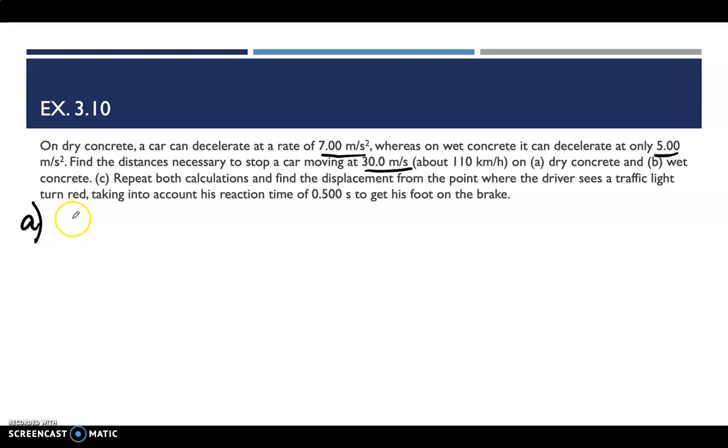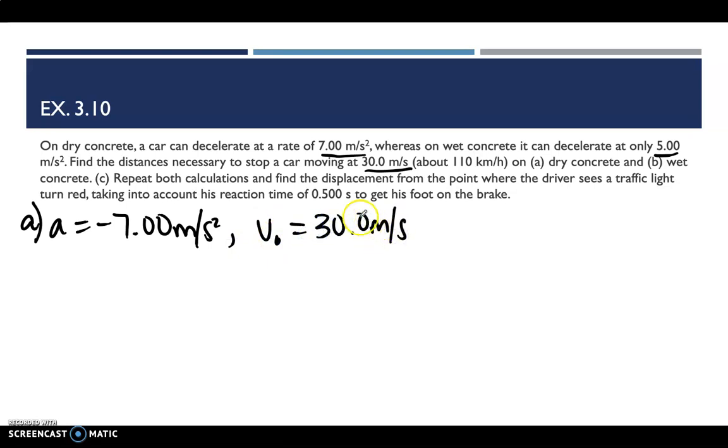So a equals -7 meters per second squared, and my initial velocity is 30 meters per second. We want to stop the car, so our final velocity will be 0. So we want to know our distance necessary.